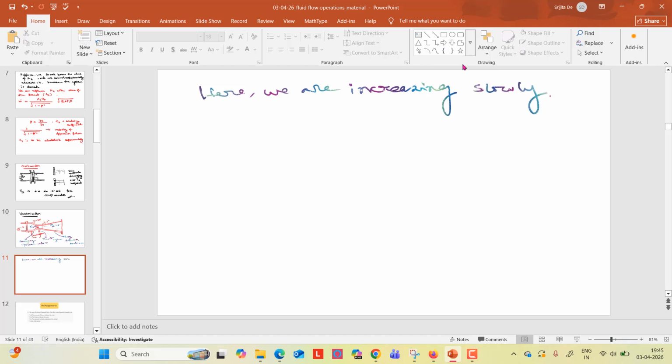In case of orifice meter, there is no smoothness. Suddenly the flow area is restricted. Okay.